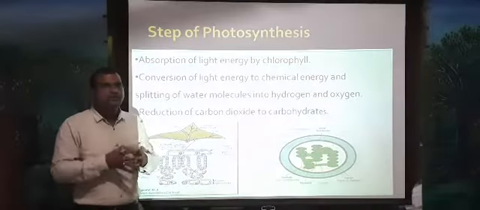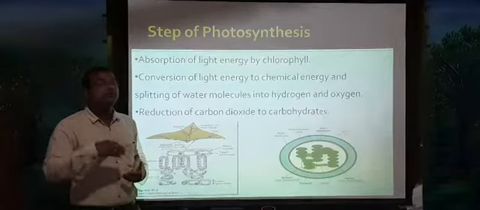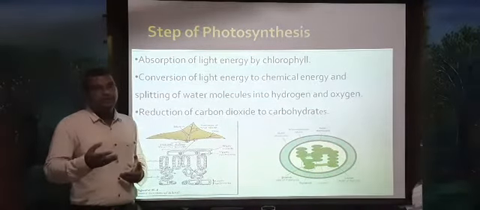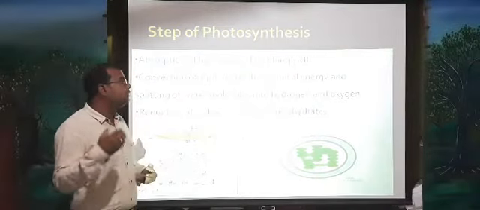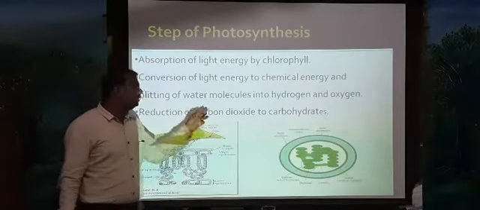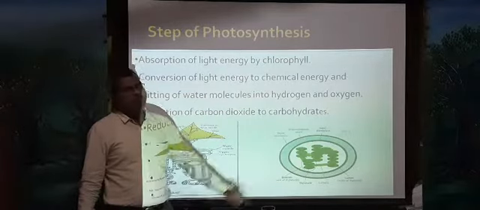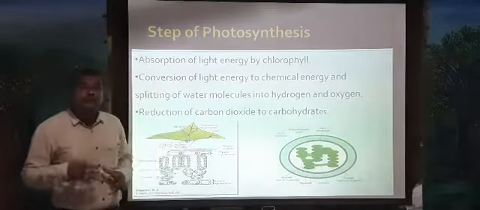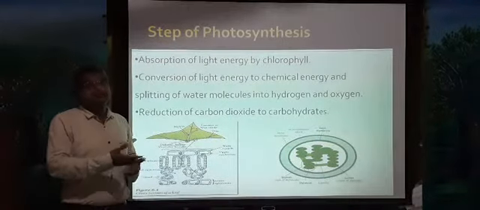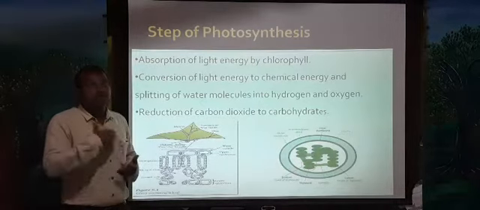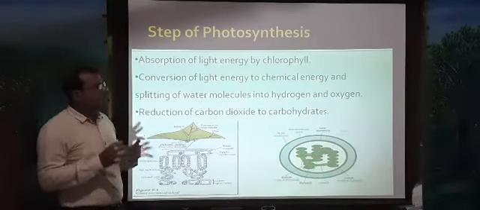The energy taken in the daytime is converted into chemical energy. They use that chemical energy for the splitting of water, the reduction of carbon dioxide into carbohydrates, and the breaking down of water molecules into hydrogen and oxygen. This takes place at night, where absorption takes place in the morning, whereas the preparation of food takes place at night. So this is photosynthesis.